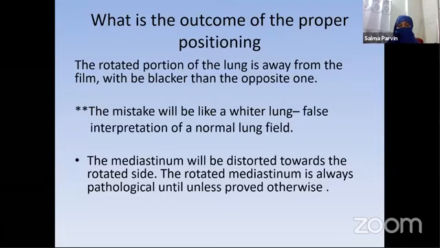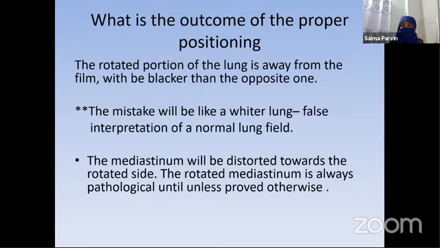This is a very, very important part of the X-ray study: you must have your mediastinum in position. It means the cardiac shadow is one-third to the right of the midline and two-thirds to the left of the midline, and the other vascular markings, like the aortic knuckle, are to the left and the superior vena cava is seen under the right clavicle.